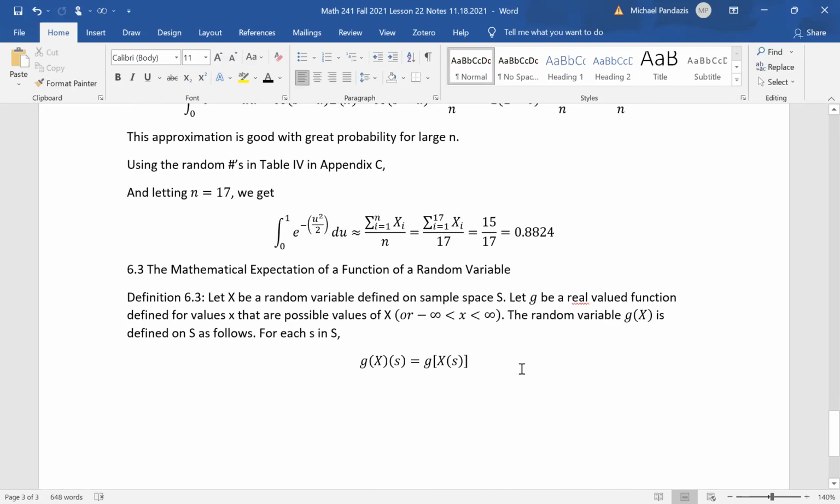It's a function where you plug in results of your experiment, and for each result it spits out a number. We want to say that g of capital X, where g is a real valued function defined for values of x that are possible values of capital X, is also a random variable. So on the whiteboard, I'm going to illustrate how that is.